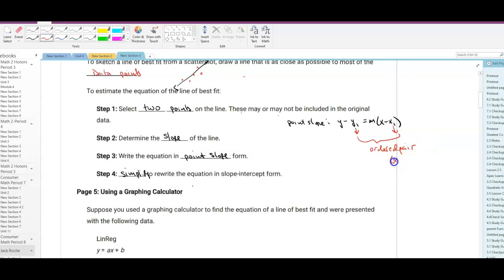And that ordered pair would be your x1 and y1. All you're doing is taking those values and plugging them in. M is the slope of your line, which is your change in y over your change in x. Okay, so all of this goes back to what we did earlier in the year with linear functions.